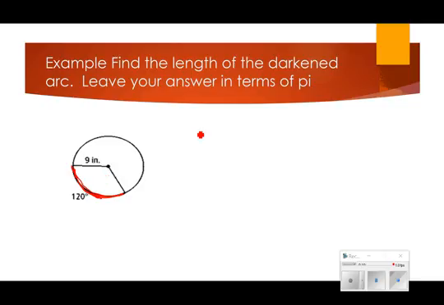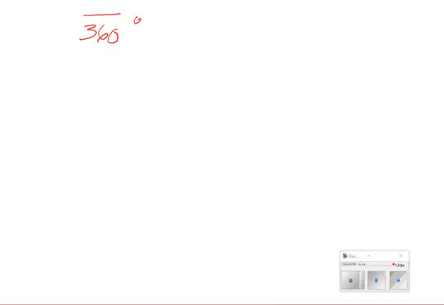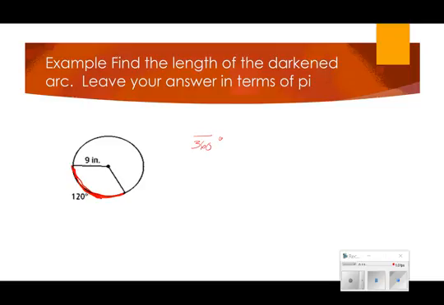Okay. So we're going to get the degrees. And how did I notate it here? The measure. So we're going to do the measure of the arc, and I'll just name it AB.